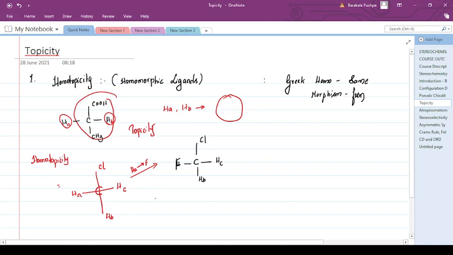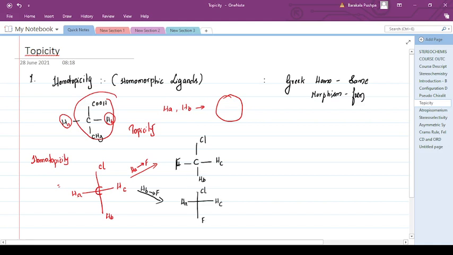Now replace HB by fluoride in the same way. You have chloride, HC, HA and fluoride.